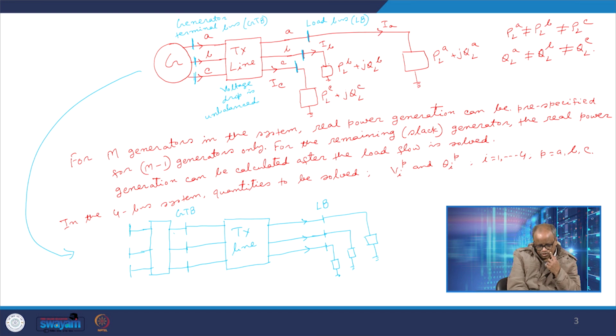So this is the generator internal bus, GIB, which is balanced.